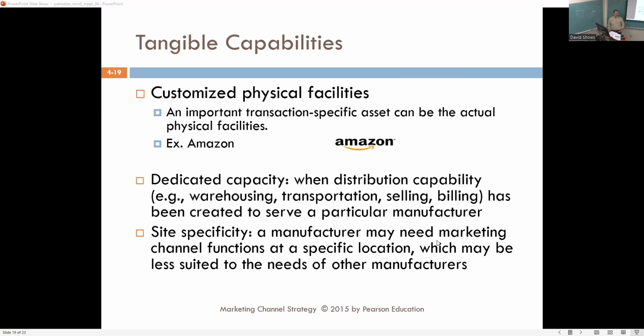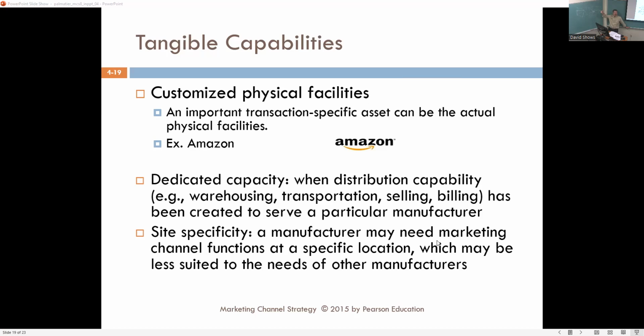And so what it means is that if I set aside 100,000 feet of my particular warehouse for one client only, I still need that space dedicated to some of the customers. And so customized facility, dedicated capacity.